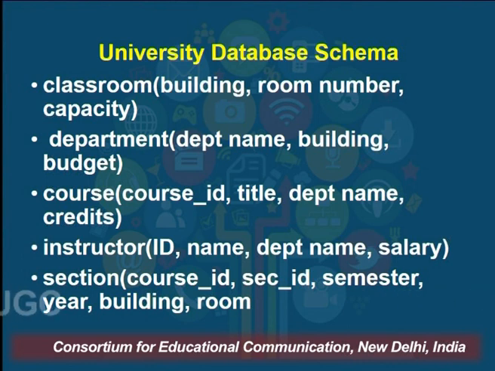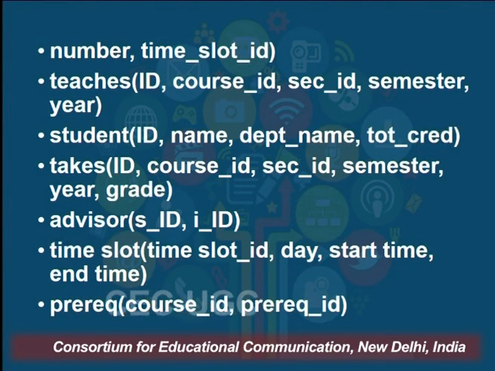Then instructor with ID, name, department name and salary. We have section with course ID, section ID, semester, year, building and room number, and time slot ID as well. Then we have teaches with ID, course ID, section ID, semester, year.